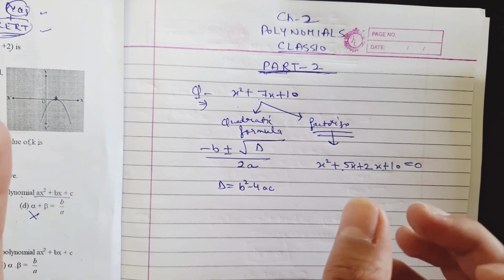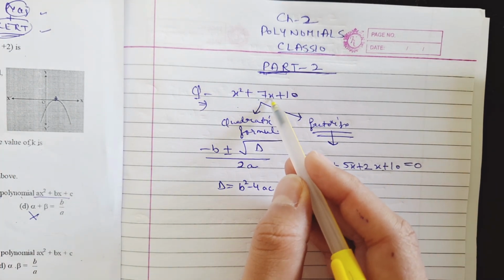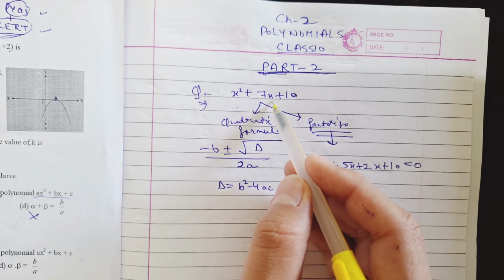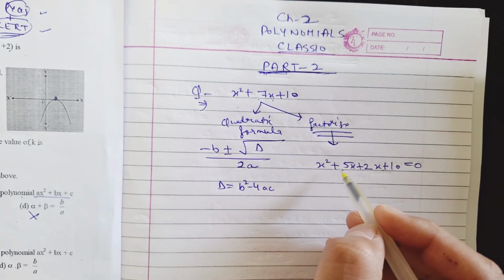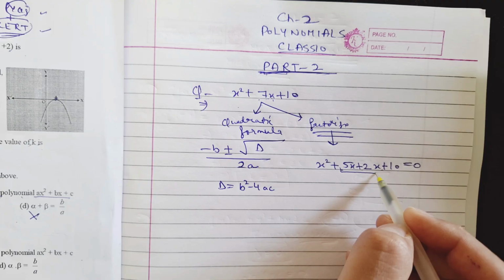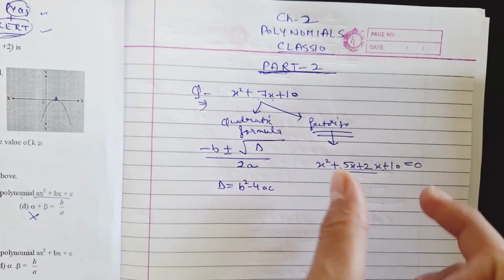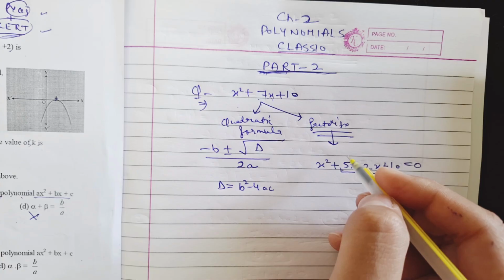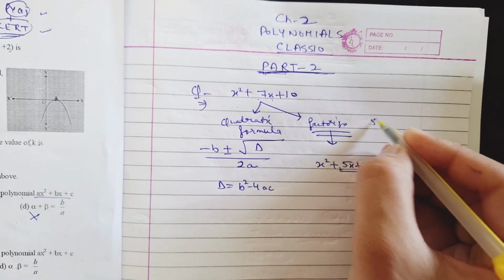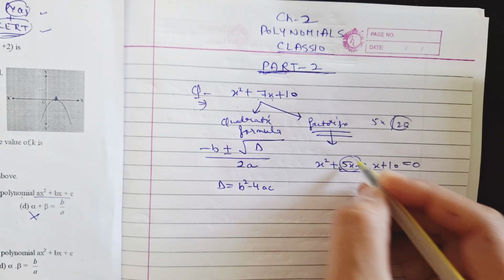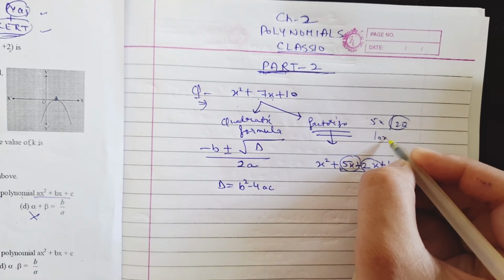See how we can check the split. We have to split the middle term so that the sum 5 plus 2 is 7x, and the polynomial stays the same. When we multiply the two terms 5x and 2x, we get 10x square.